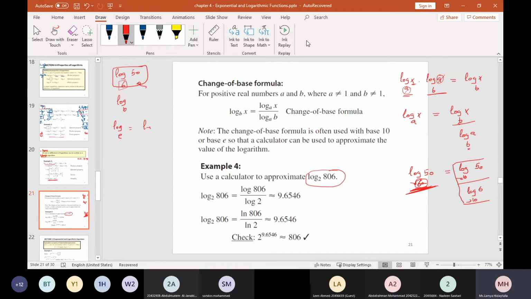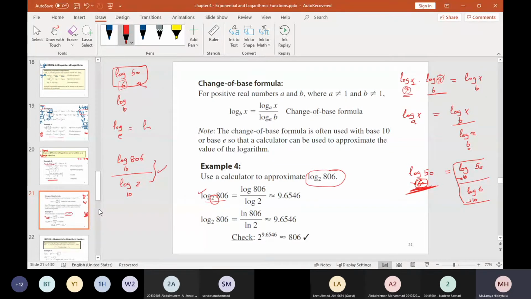We can write this one as log 806 to the base 2, which equals log 806 to the base 10 over log 2 to the base 10. So this value is the same as this value. If you're using the calculator, you can find it like that.